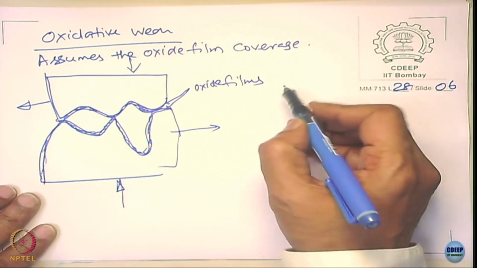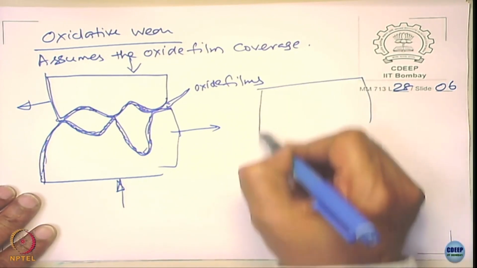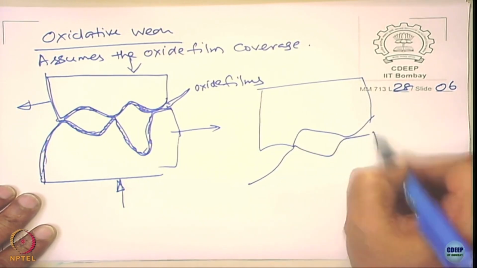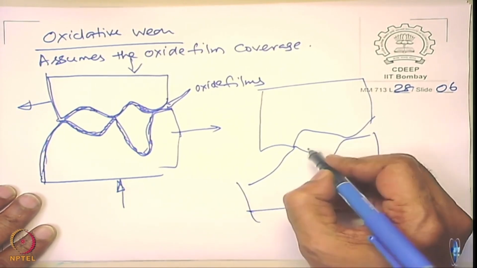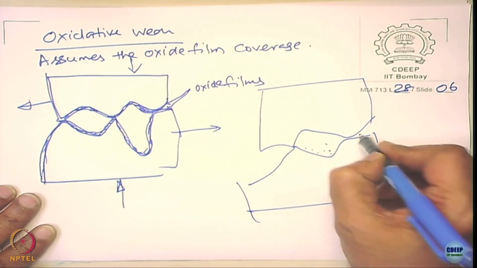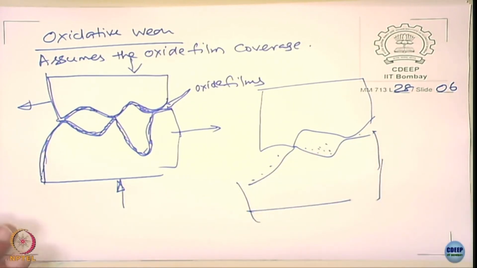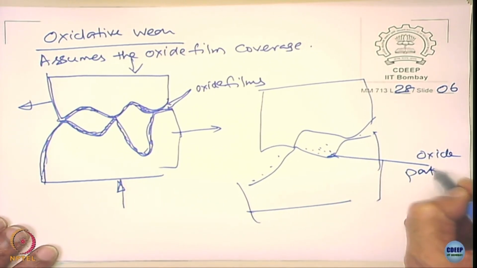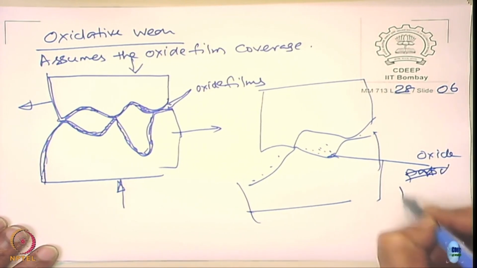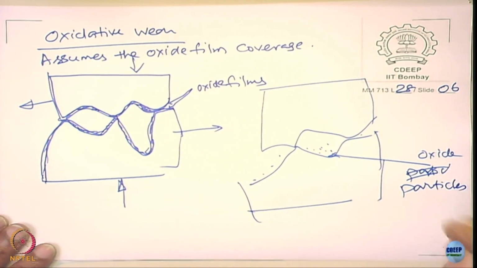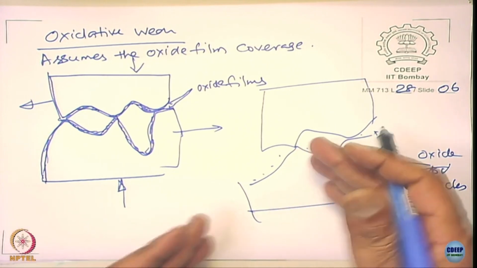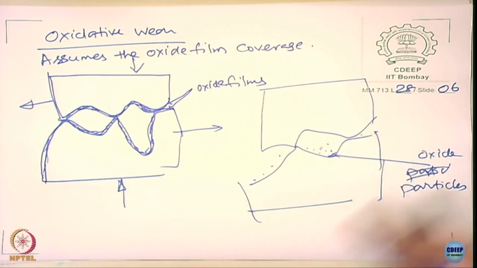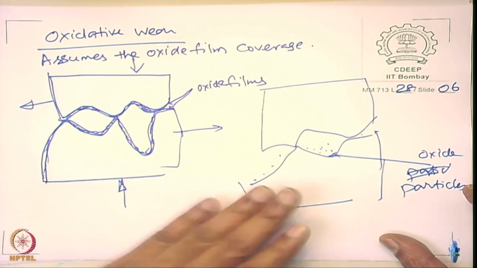So as a consequence, what happens? Now you have oxide particles, and when you generate oxide particles, a fresh surface is created, that surface gets oxidized, and so on and so forth, right? So this process repeats.